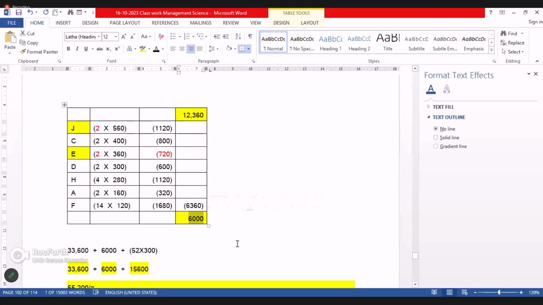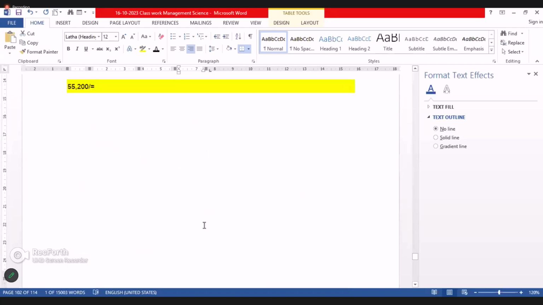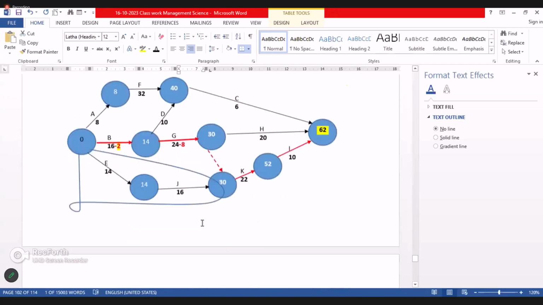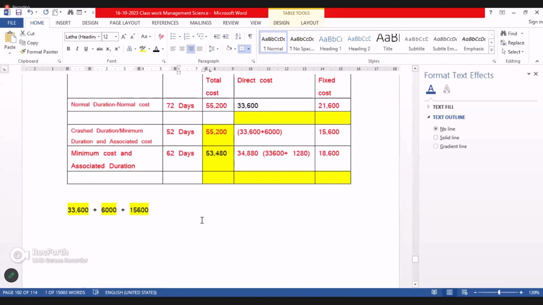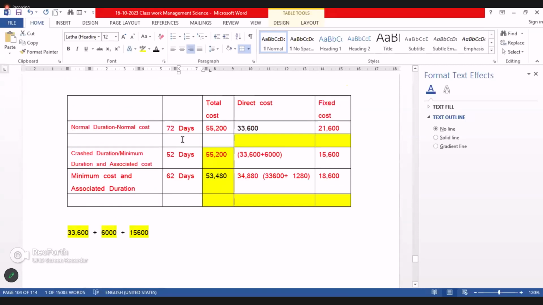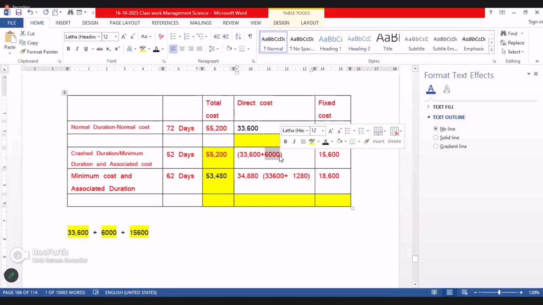The increase is 6,000. Reduction is how much? 72 minus 52, what is the difference? 20 days. 20 days into 300, how much?